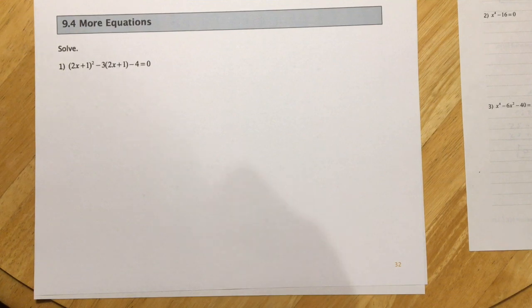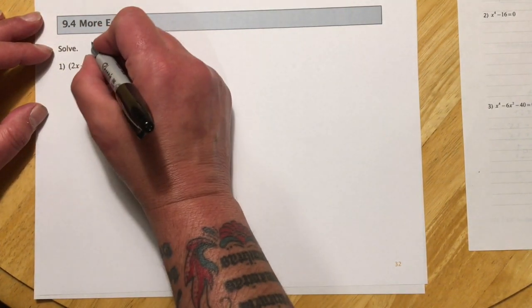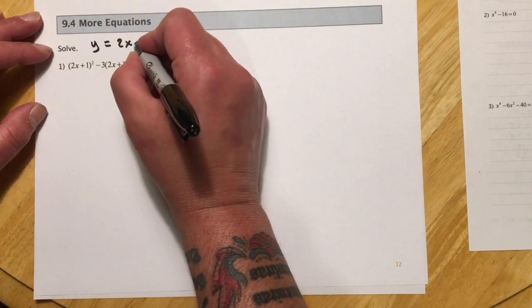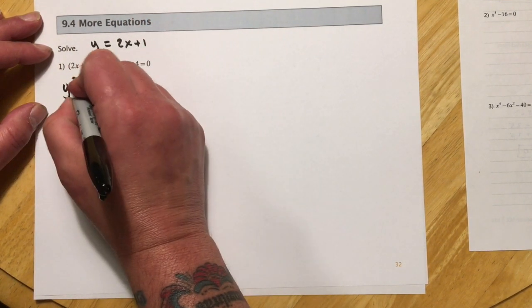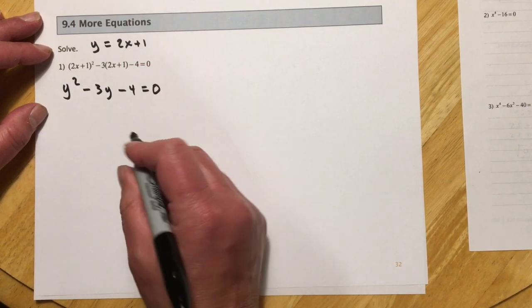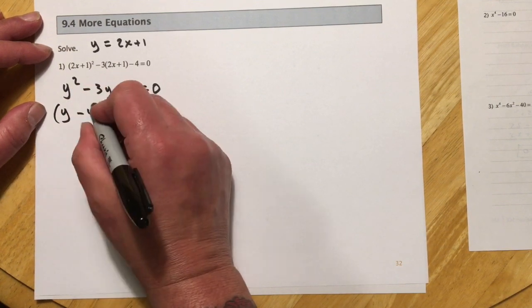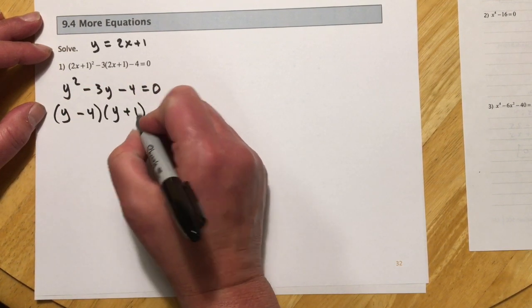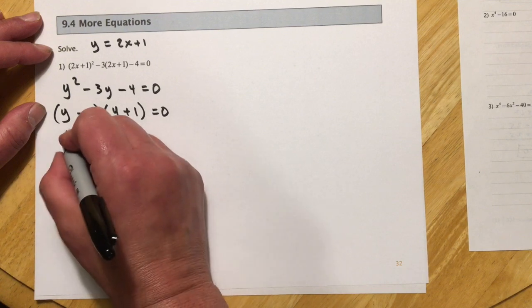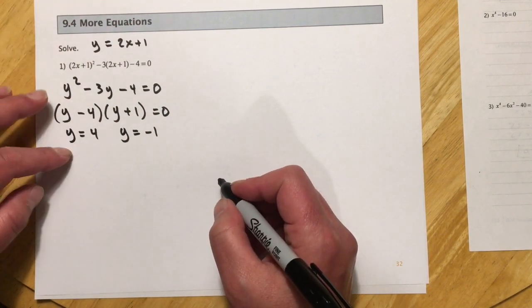Okay, last section. So we have a couple of ways we can solve this. I could let y equal 2x plus 1 and then do y squared minus 3y minus 4 equals 0 and then factor. So y minus 4, y plus 1 equals 0, and I get y equals 4 and y equals -1, and then back solve.